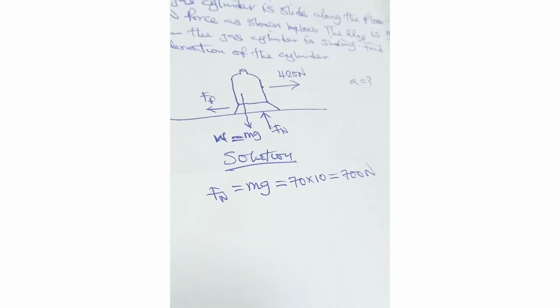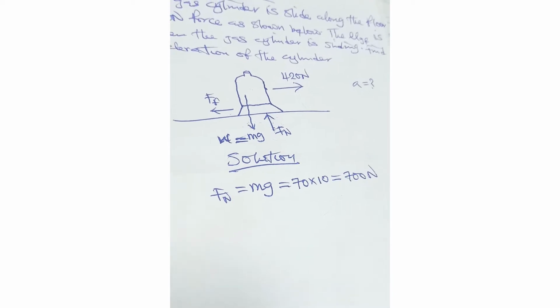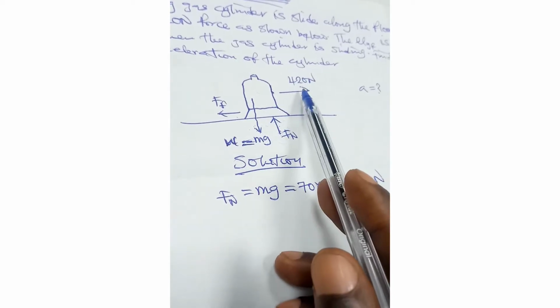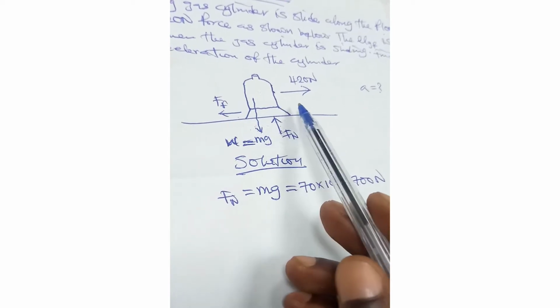Now, to calculate the frictional force that is opposing this sliding motion of this gas cylinder, it is very simple.